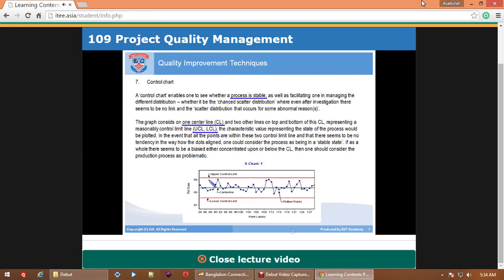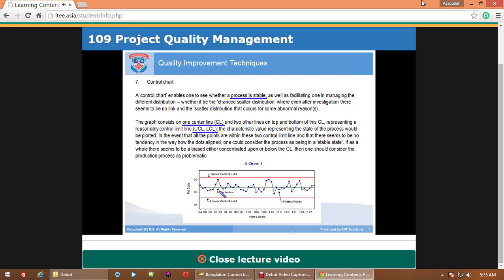For example, here this is the center line, this red line represents the upper control limit, and this one represents the lower control limit. Then the characteristic value representing the state of the process is plotted.